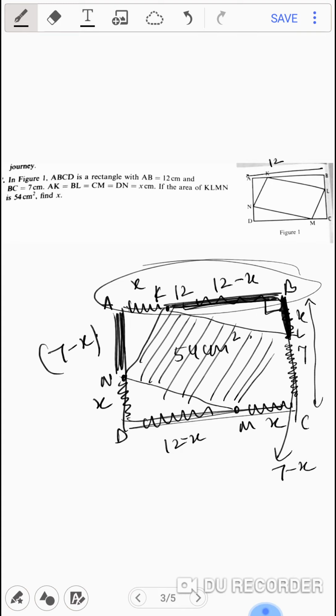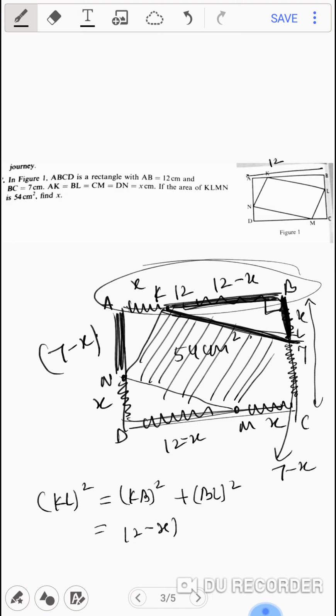My dear kids, by Pythagoras theorem, I can get the value of KL. So KL square will be equal to KB square plus BL square. So that is 12 minus x the whole square plus x the whole square.